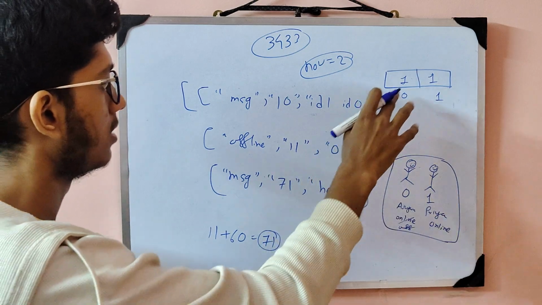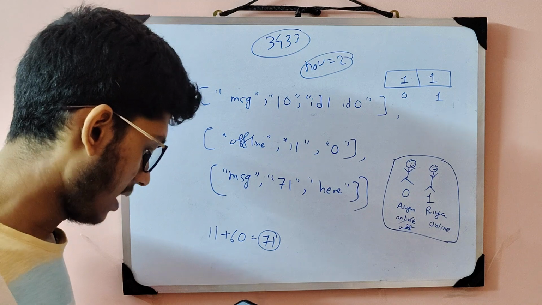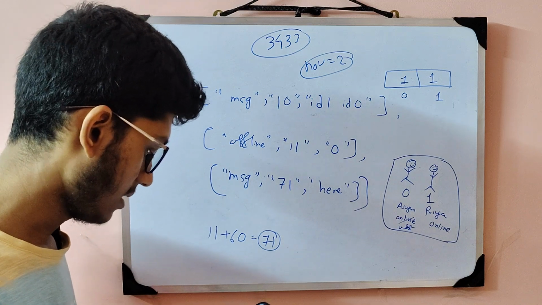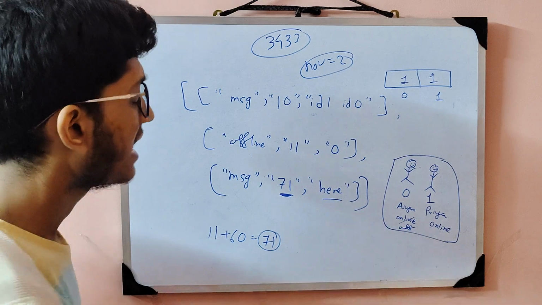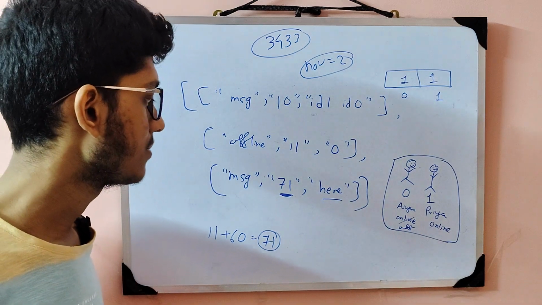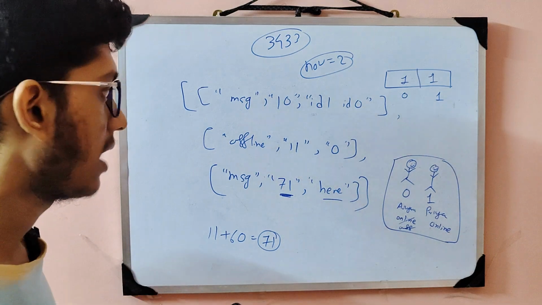so Aryan got offline. Aryan is now offline, Priya is online, and now we are again messaging at the time 71. Here means just mention the users that are online right now.